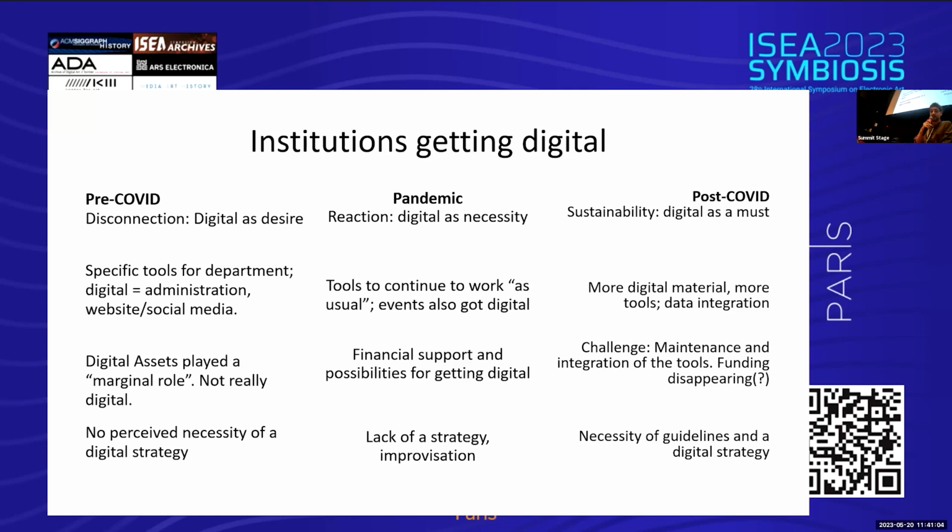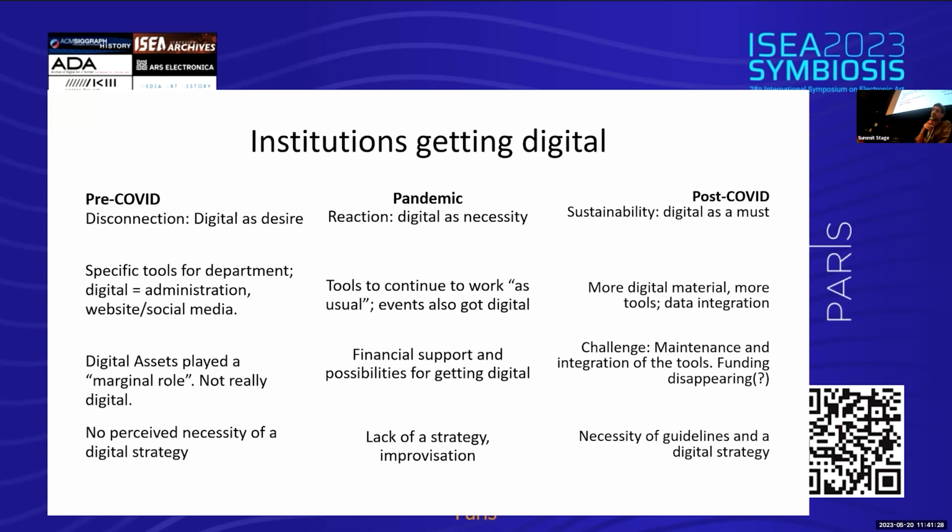Then came the pandemic, and it was, okay, we need digital tools, really fast, to work as usual, but without thinking so much. And now we are in the post-COVID moment, and it's like, okay, we have a lot of tools, but what will happen there? These tools need more maintenance. Are we providing this?